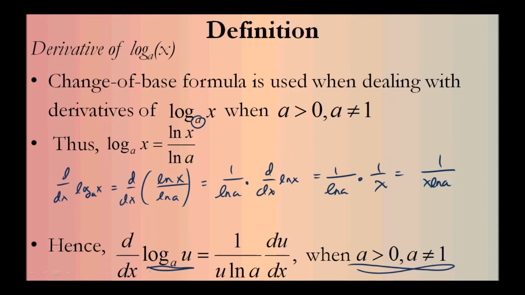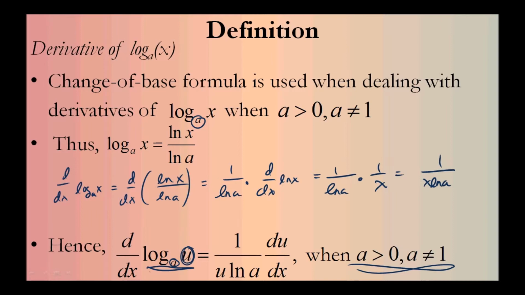And this information is important to realize when things are undefined, or simply just to take note of in your answer. So what our derivative means is that the derivative of log base a of u is equal to 1 over the main argument times the natural log of the base of the logarithm times the derivative of the argument, u.